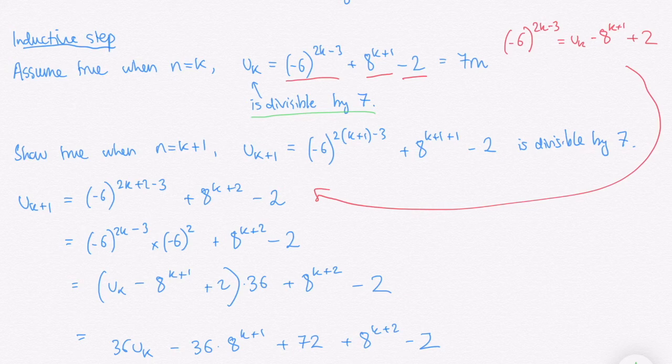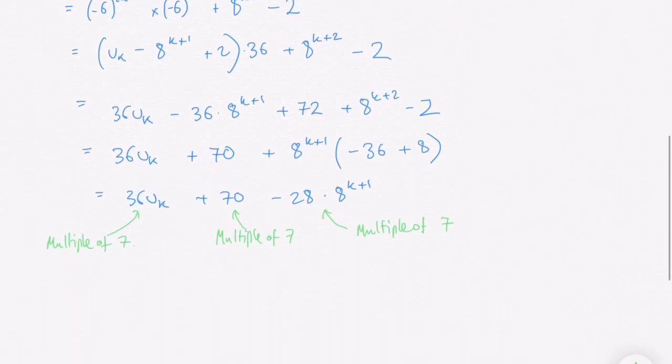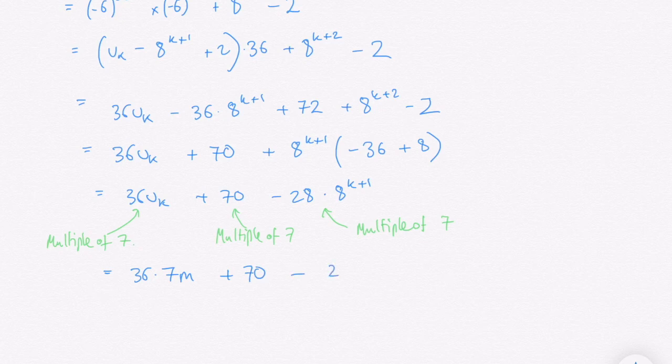And if that's not totally clear, we can let u_k equal 7m, as we suggested before, and make that substitution. So this is equal to 36 times 7m plus 70 minus 28 lots of 8 to the k plus 1. And then we can take a factor of 7, and we can be absolutely convinced that this is a multiple of 7.